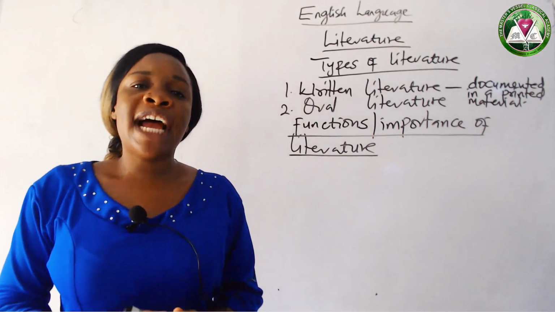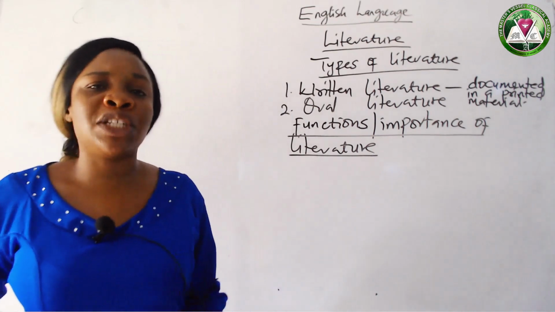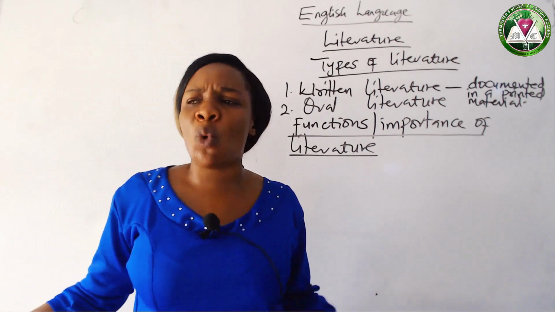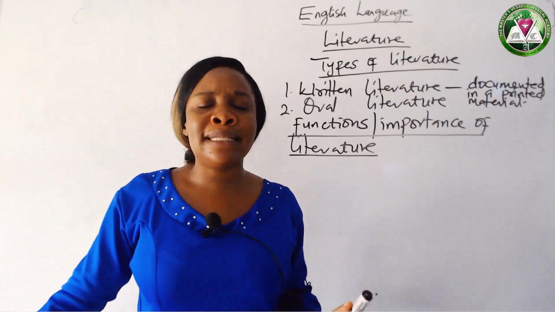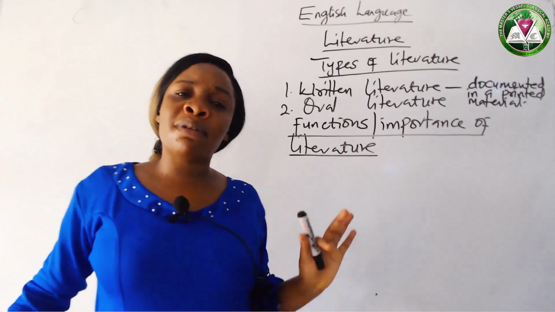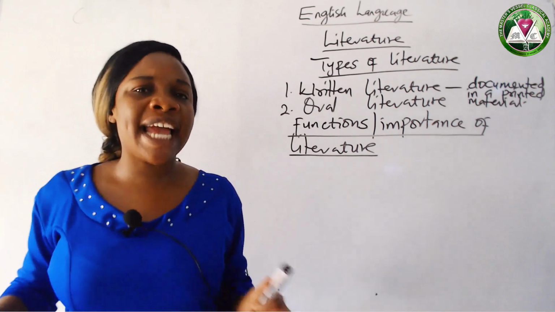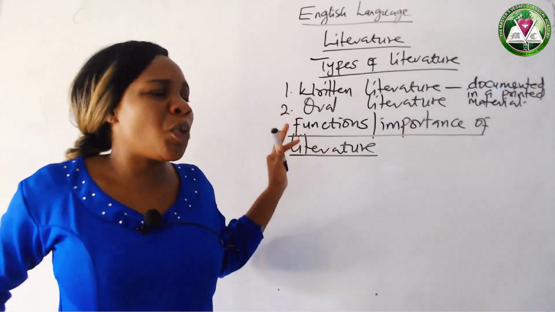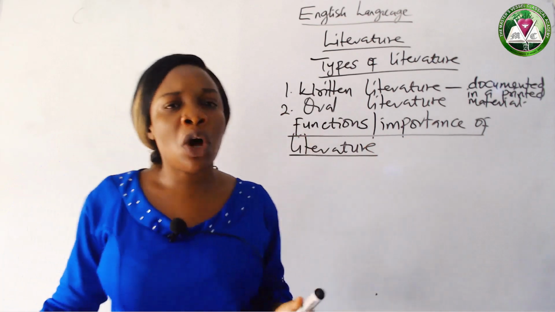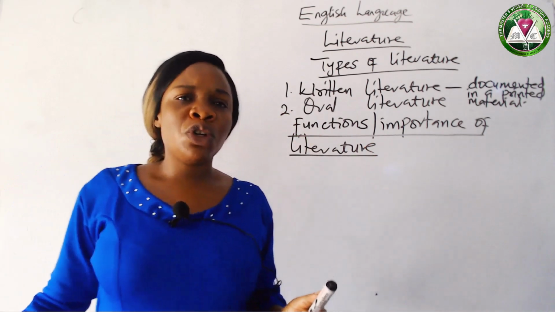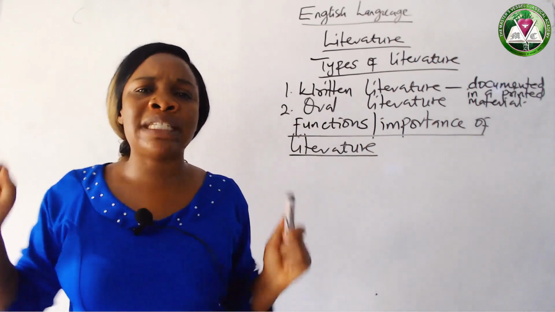Now, we have so many functions or importance of literature. When someone talks about functions or importance, that means you're talking about the relevance of something to you or to the society at large. So that is what we are going to be looking at: the relevance, the importance, the functions of literature to us, to you as a student, and then to the world at large.